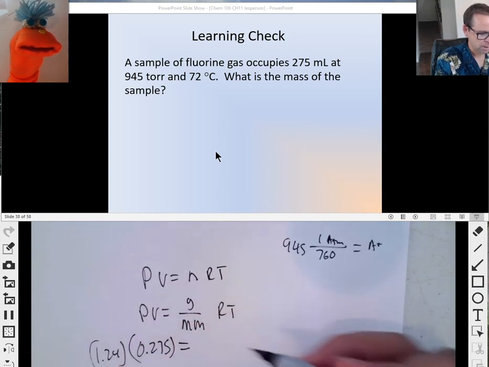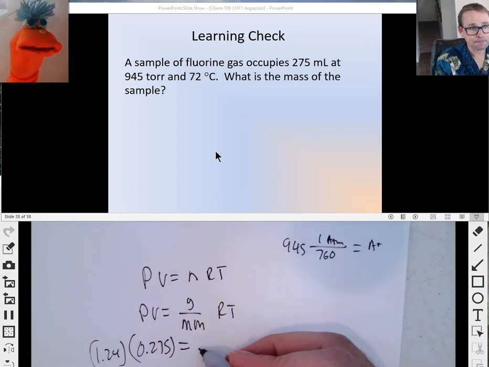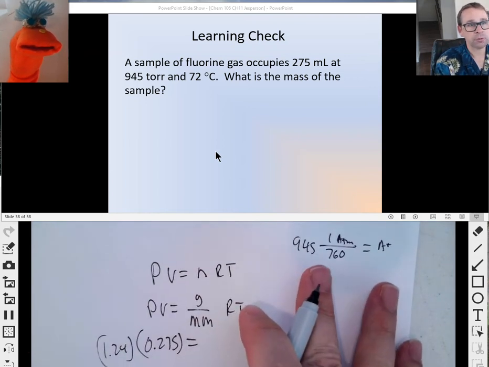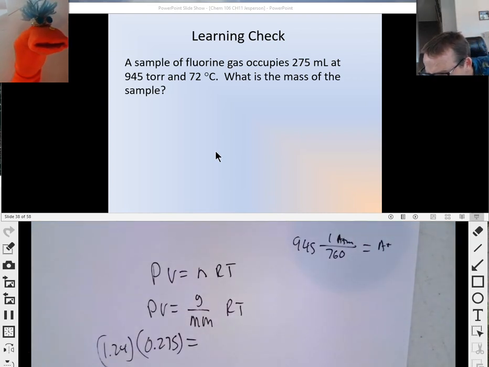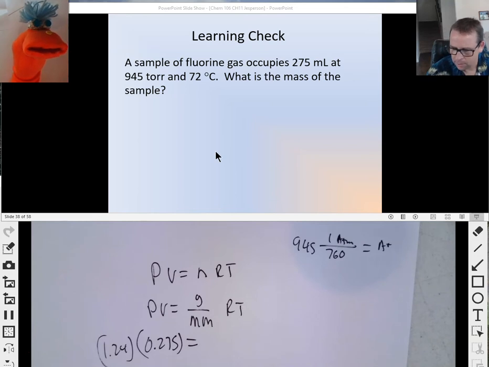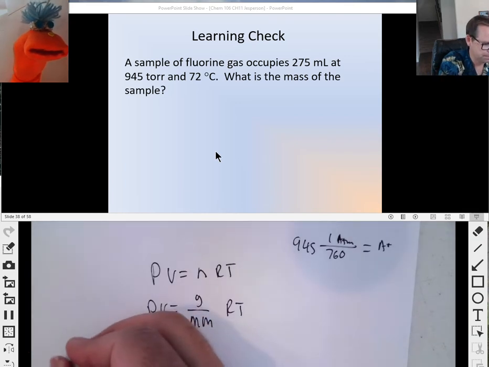All right. The molar mass, we're going to move the molar mass over here too. Fluorine gas, that's 19 times 2, 38.